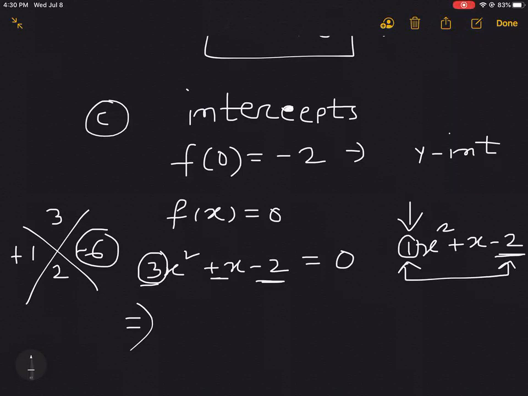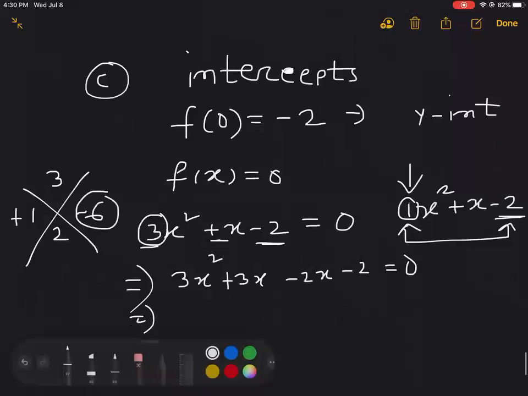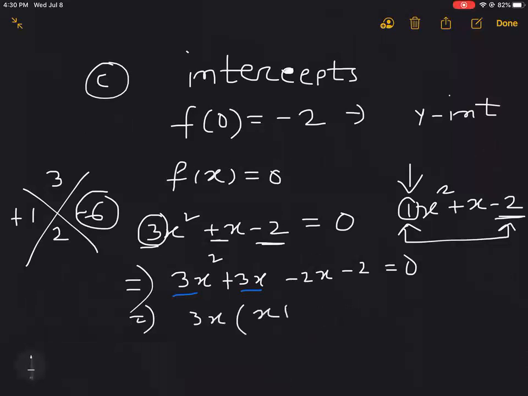So that means it should be 3x squared plus 3x minus 2x minus 2. So we can factor out 3x from this. So 3x would be x plus 1, and we can factor out 2 from this.